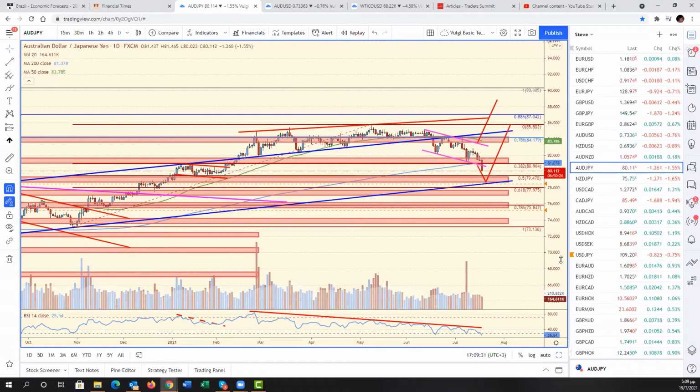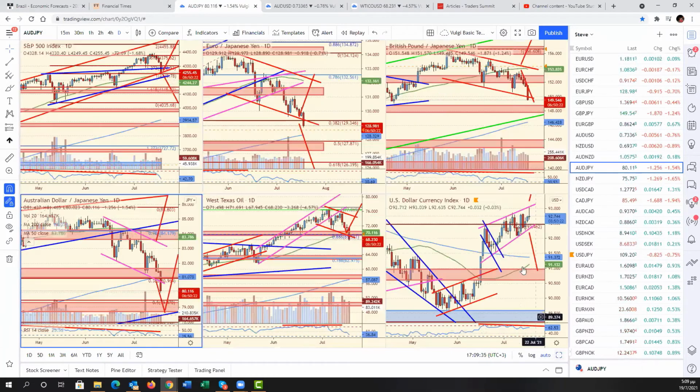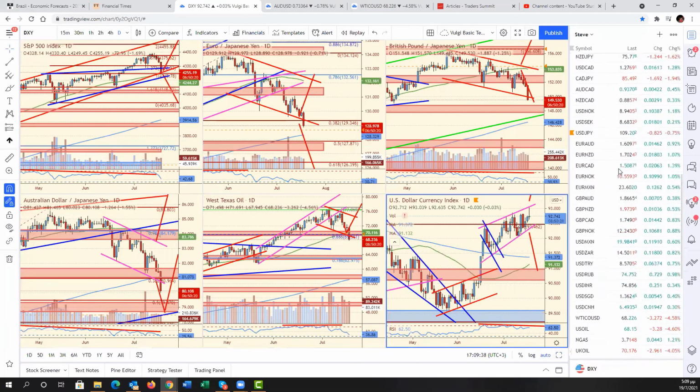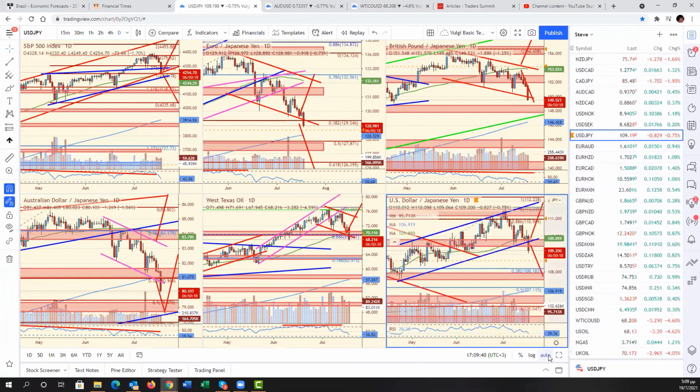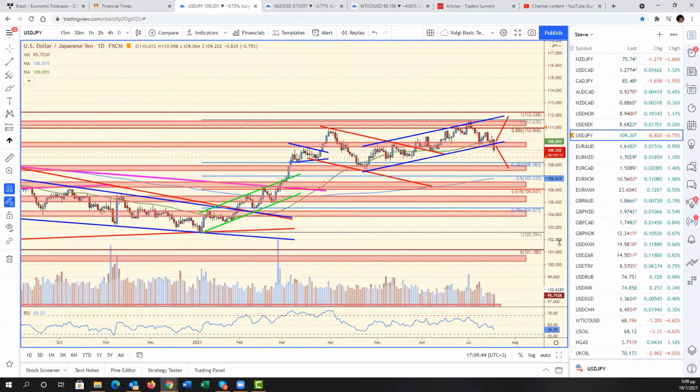And that is an interesting potential development, especially considering that we've been seeing these moves to the downside without USD yen aggressively moving lower. It's just a couple of hours ago that USD yen started breaking through this blue channel.